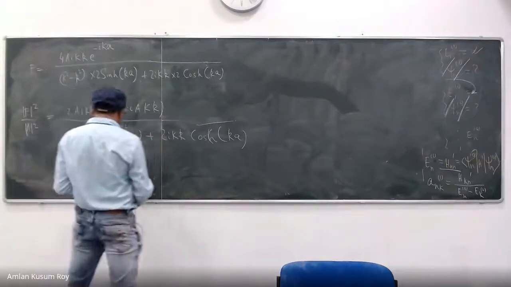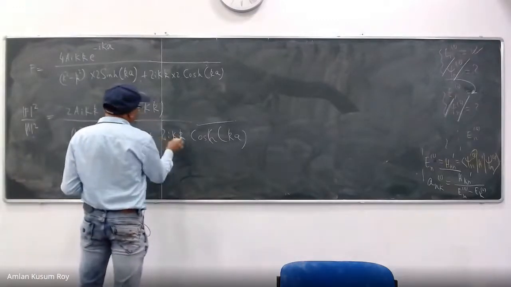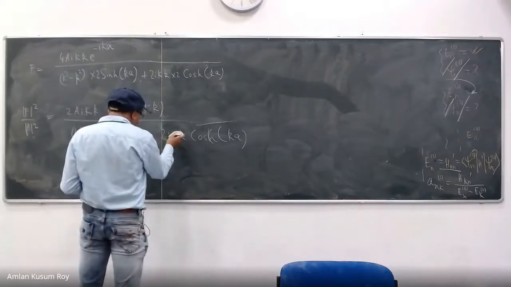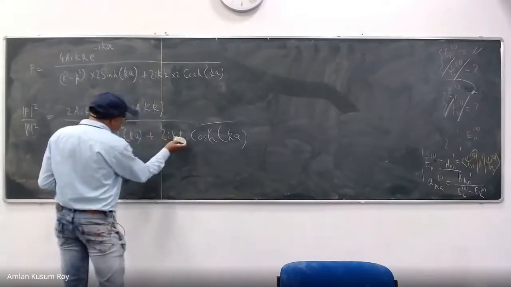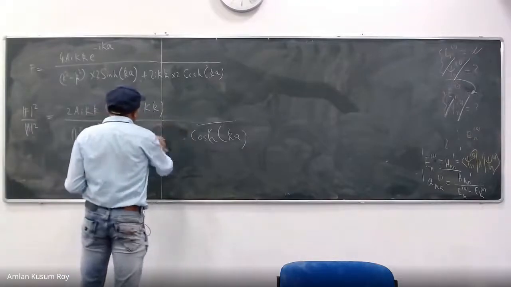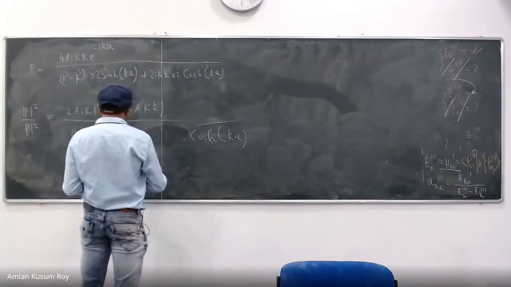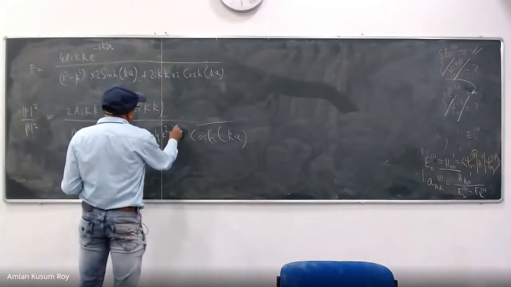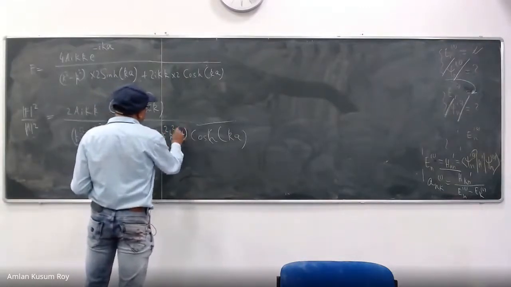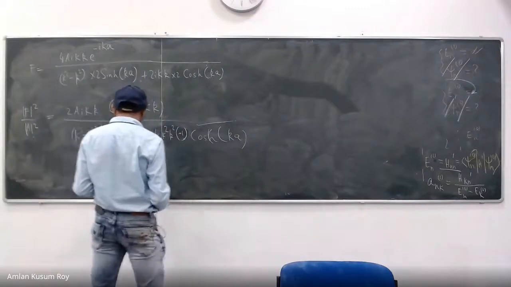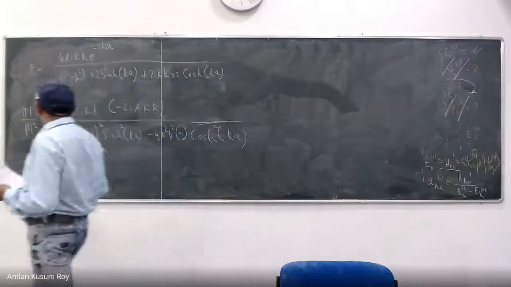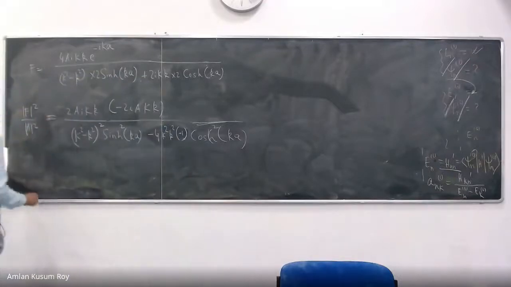And here I need to write, so this will be twice i k kappa, so that means into this minus, right? So there will be a minus 4 k square kappa square into, there is an i which is giving you minus 1, and then cos hyperbolic square kappa a, that will become my t. Okay?